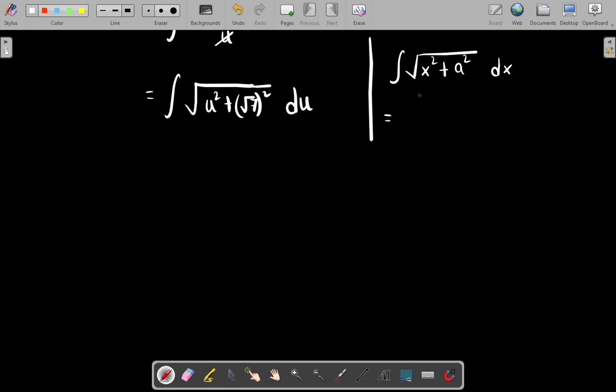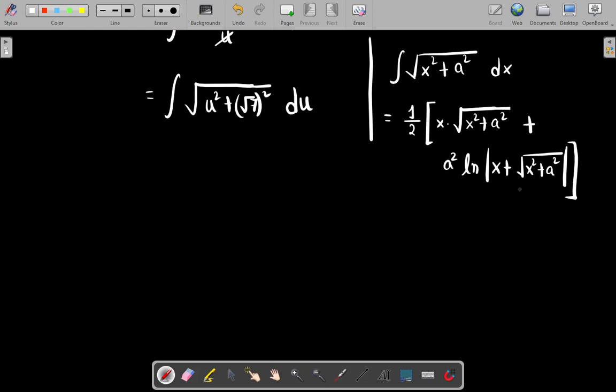So the formula for this integral is half, if you take half common, x times square root of x square plus a square plus a square times log of the absolute value of x plus square root of x square plus a square.